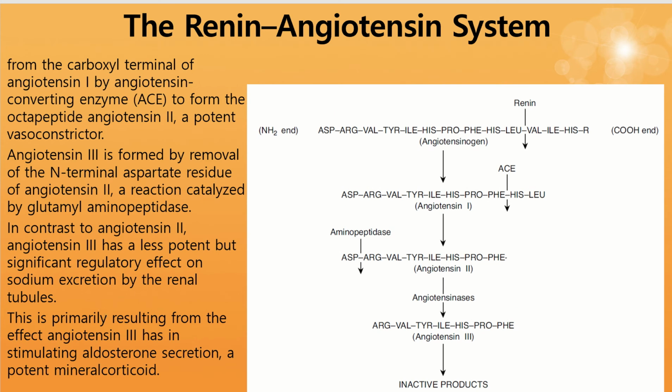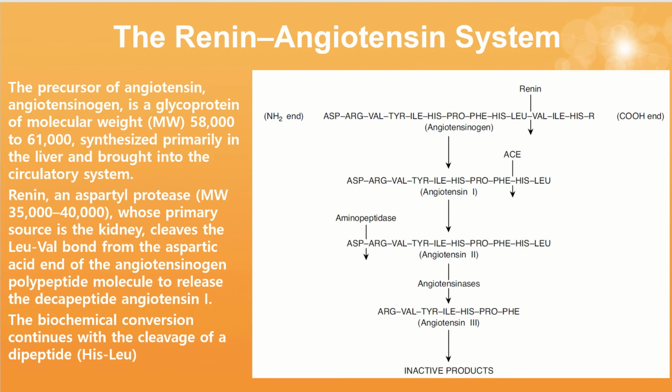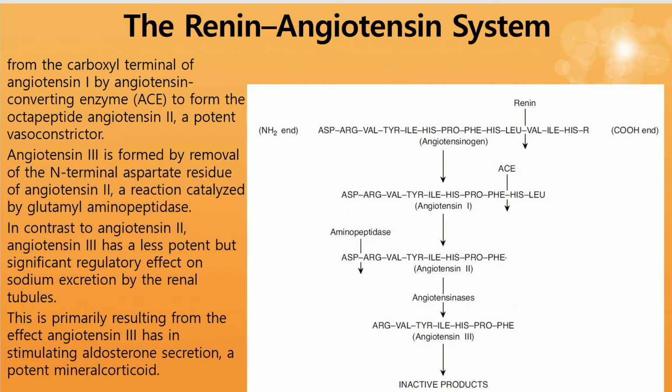So let's go back to this slide. So the biochemical conversion continues with the cleavage of histidine leucine, that is right here. So the first step is the cleavage from the acid end of angiotensinogen, and that produces angiotensin 1, which is further cleaved from the carboxyl terminal, so from the same acid terminal of angiotensin 1 by angiotensin converting enzyme.